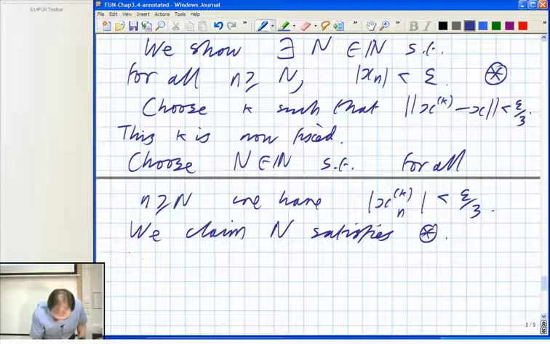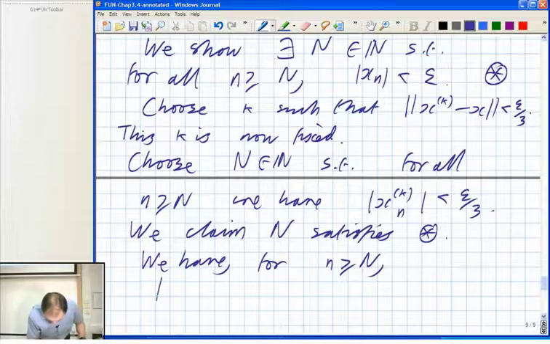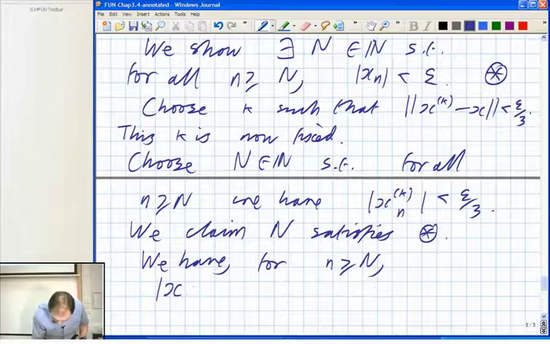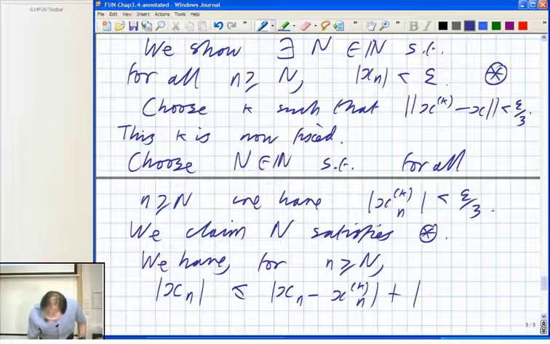Well, we have for n greater than capital N that mod x_n is smaller or equal to mod x_n minus x_n^k plus mod x_n^k.